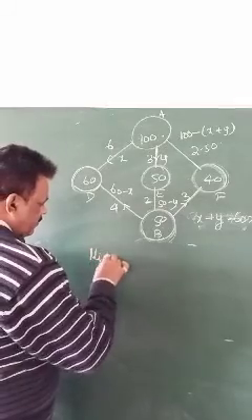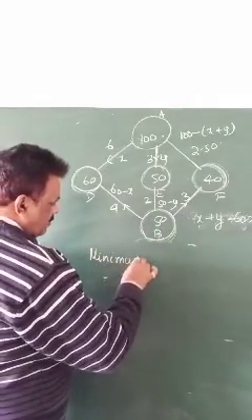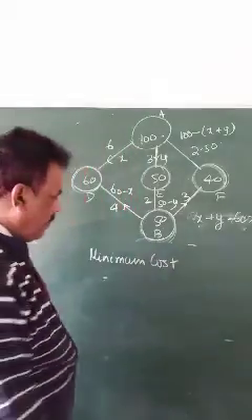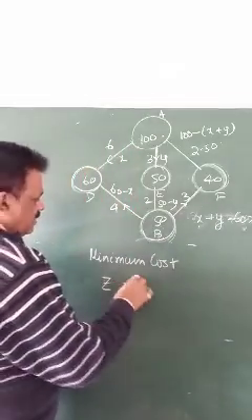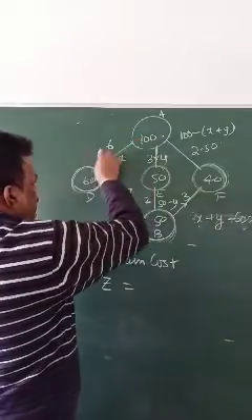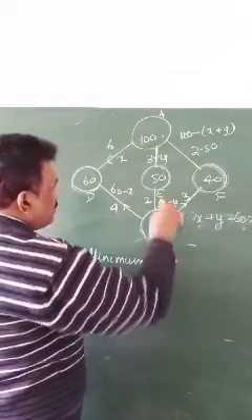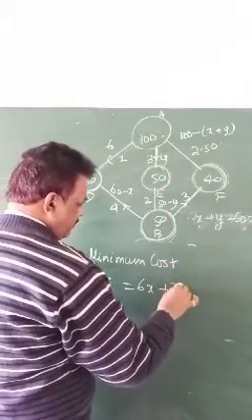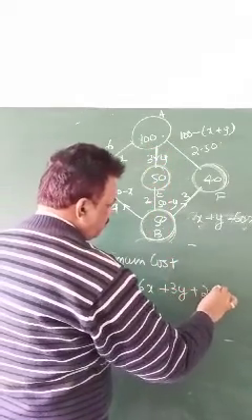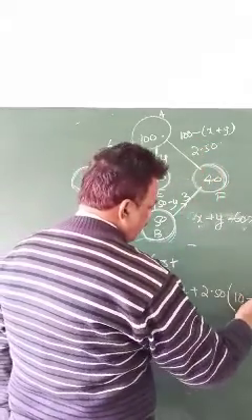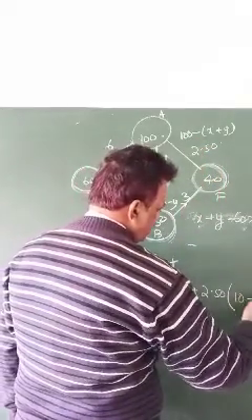Minimum cost. Minimum cost means Z. How? 1 quintal is costing 6, so x quintal will be 6x, plus 3y, plus 2.50 into 100 minus x plus y.